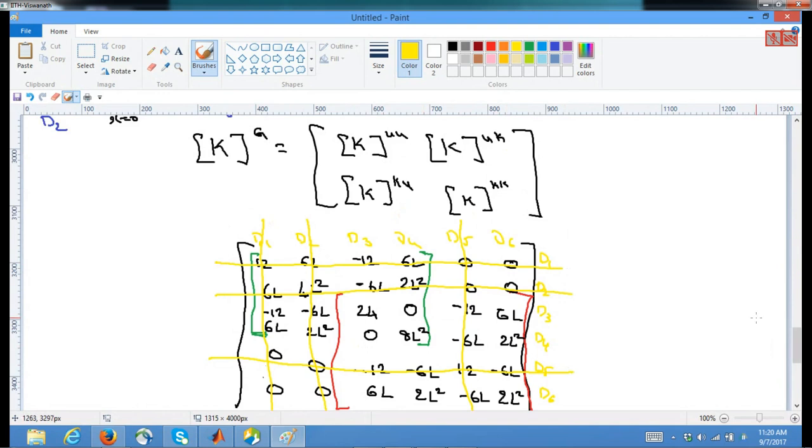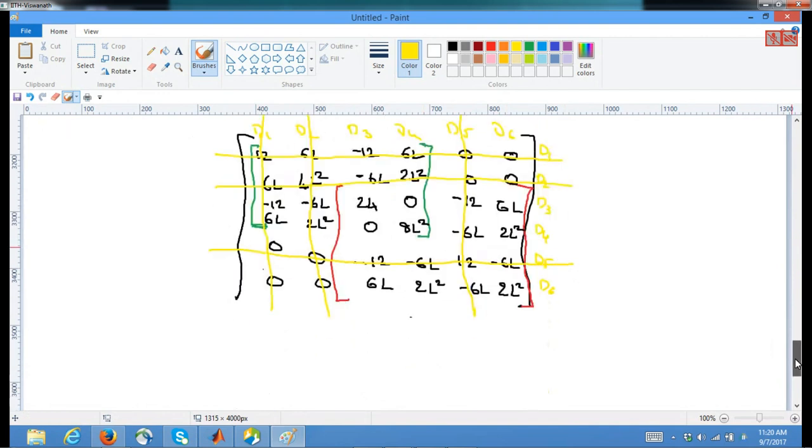When I strike off all these things, the remaining part is my KUU, which consists of the entries not struck off: 24, 0, 6L, 0, 8L square, 2L square, 6L, 2L square and 2L square. So we condense the matrix to get only the KUU matrix.